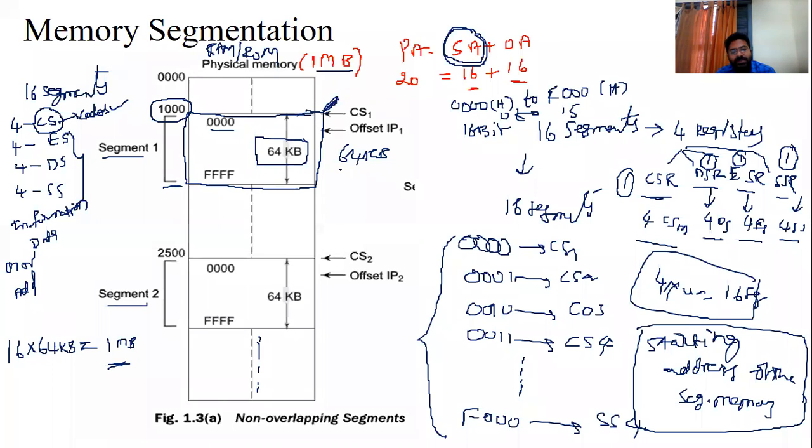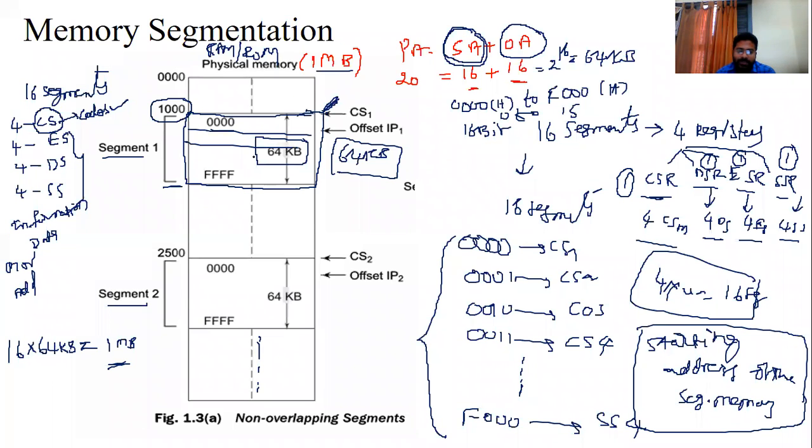What is the size of that one? 64 KB. Who can identify the 64 KB addresses? The offset addresses. That is 2 power 16, which is equal to 64 KB. So the offset address will identify the memory locations in that segment.